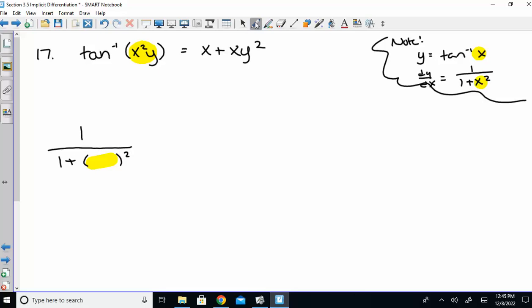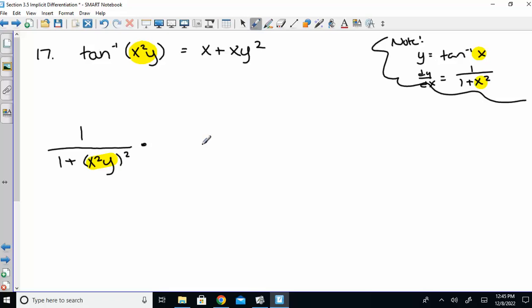So what's our angle? Now we have to do chain rule. That's the derivative of the outside with the inside staying the same. Times derivative of the inside. How am I going to do the derivative of x squared y? What do we have to do?